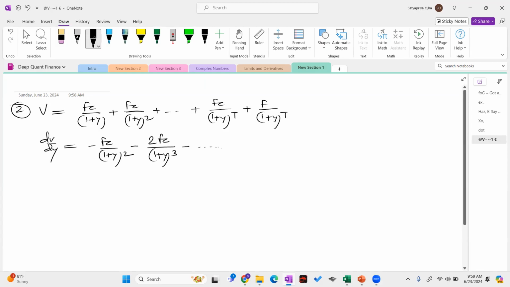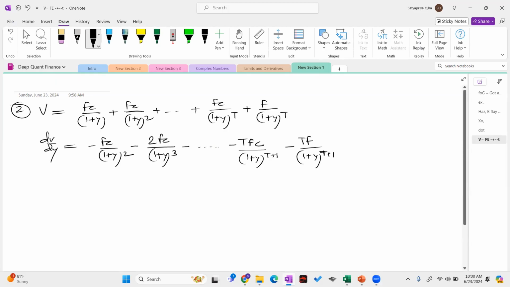This one is minus tFC, not kFC, divided by (1 plus y) to the power t plus 1, and again we have minus tF over (1 plus y) to the power t plus 1.